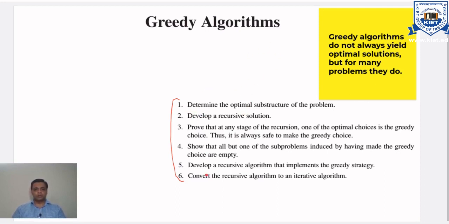So what are those steps? First, determining the optimal substructure of the problem. Now what is the meaning of substructure? You will read it in detail when you go through dynamic programming, but substructure means, let's say you would like to find a solution to a particular problem.